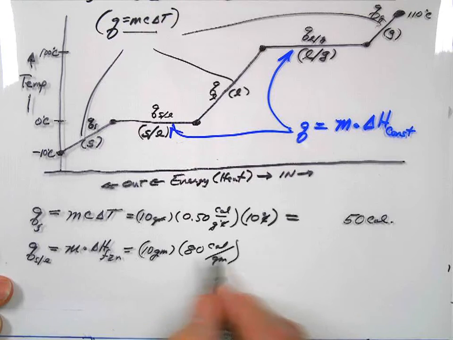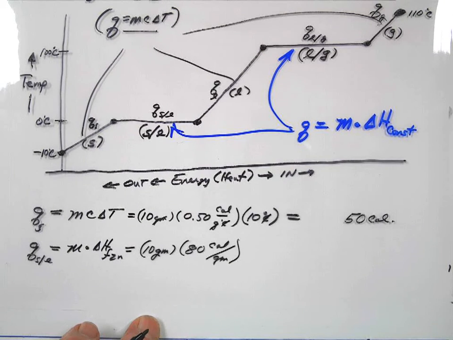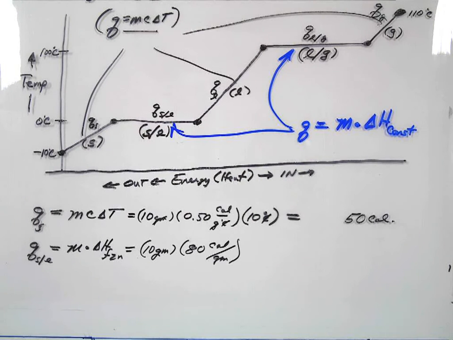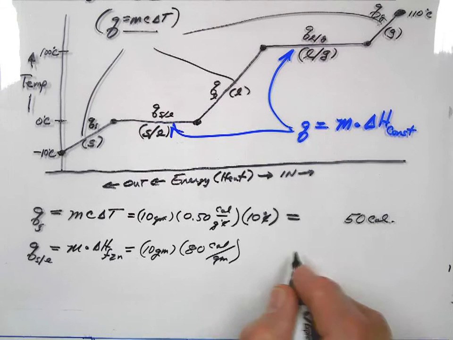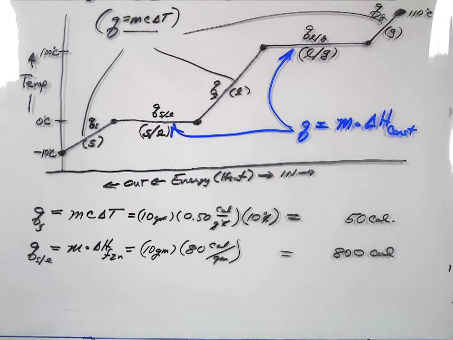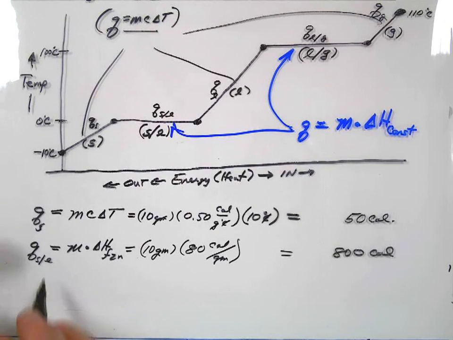Notice in this phase transition constant, there's no temperature term, because, of course, there is no change in temperature during that phase change period. And so we have 800 calories.